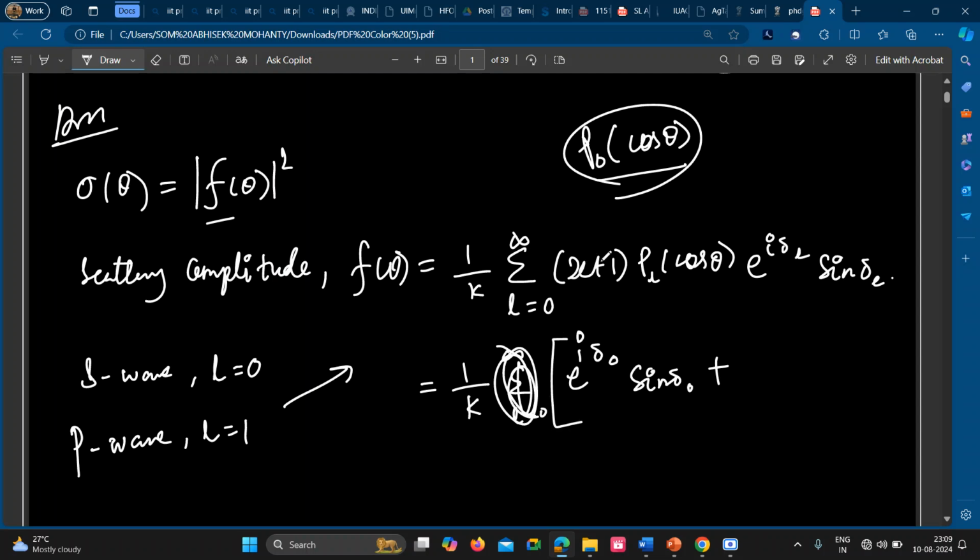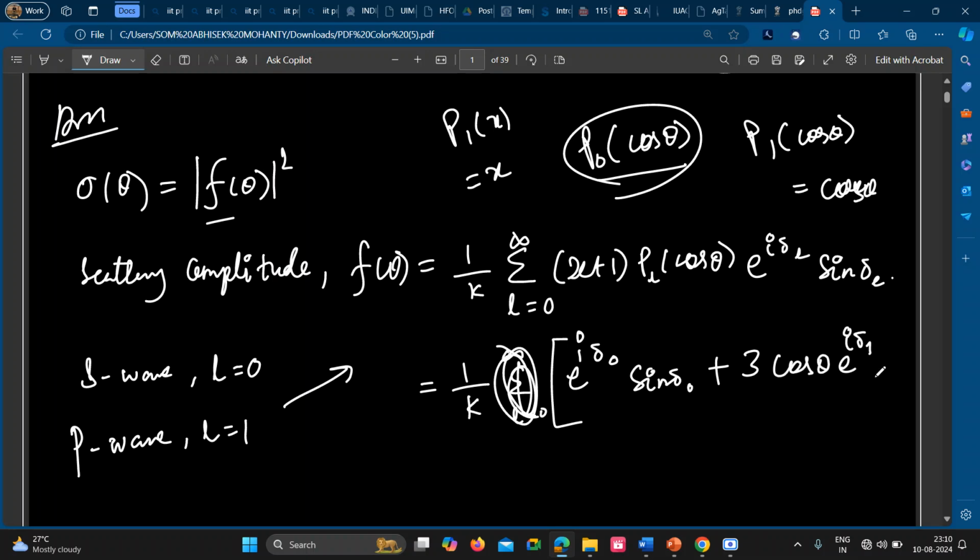So 2 into 1 plus 1, that is 3. P1 is the Legendre polynomial, P1 of x is x, so P1 cos theta is cos theta. So this is cos theta e to the power i delta 1 sine delta 1. This is the expression.